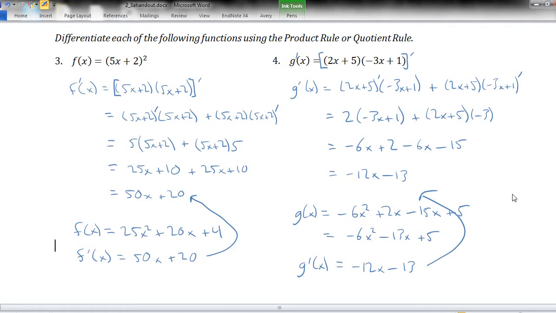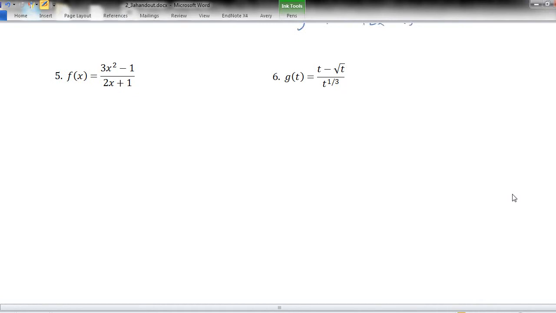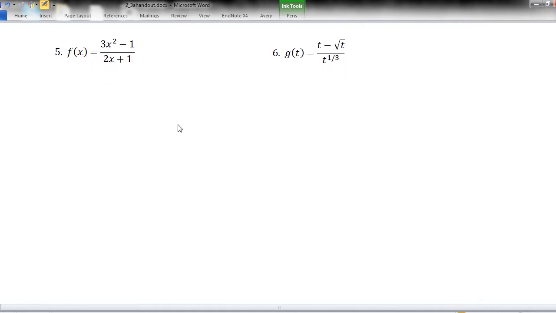All right. How about the quotient rule? Well, remember what this rule is. Take the derivative of this fraction. We do low d high minus high d low over low squared.